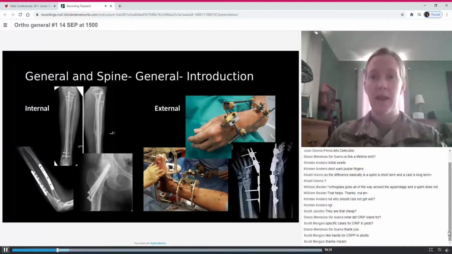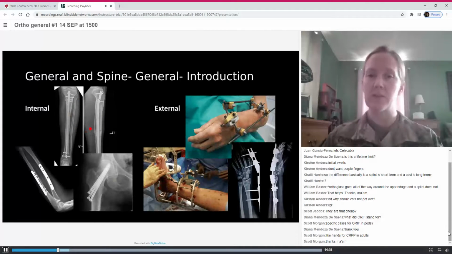And now I'm going to do a kind of twist on that. So here's those images of the long bones with the intramedullary fixation, just for your imaging. So that's that forearm open reduction internal fixation here in the bottom left. These ones in the upper center are intramedullary rods.